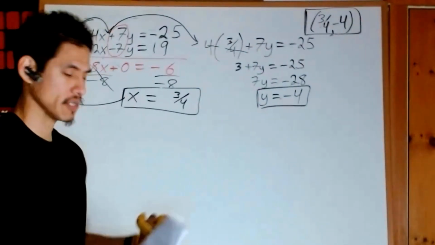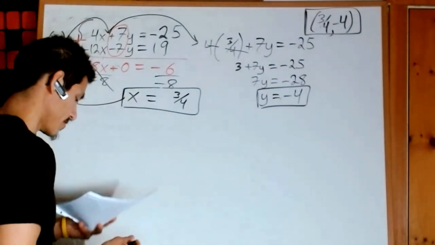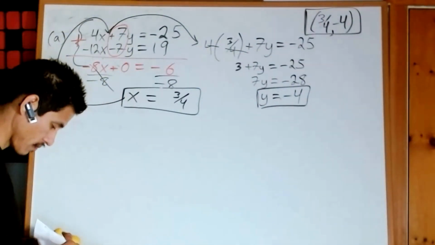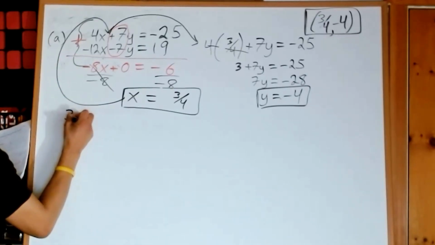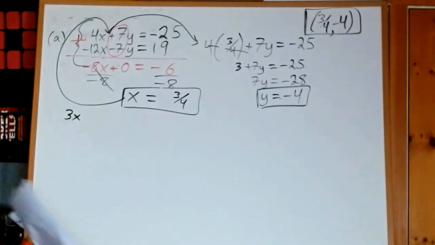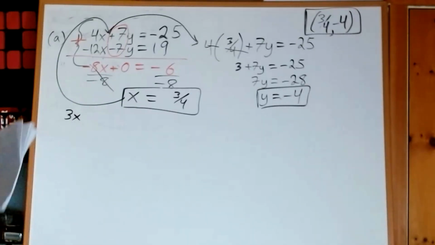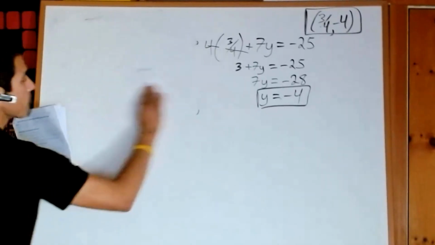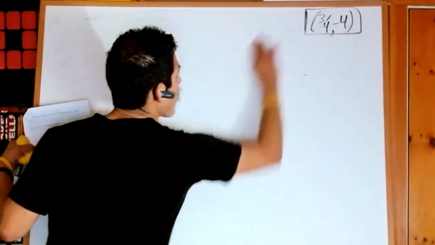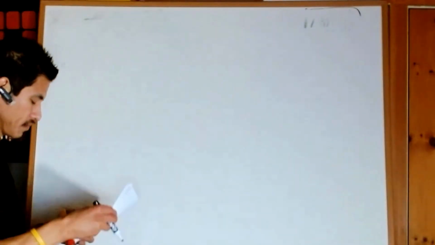Okay, so let's go through another one. Let's have the second system. Actually, I'm just going to erase this so it doesn't get in the way. I'm going to try to go through 4 examples in this video.